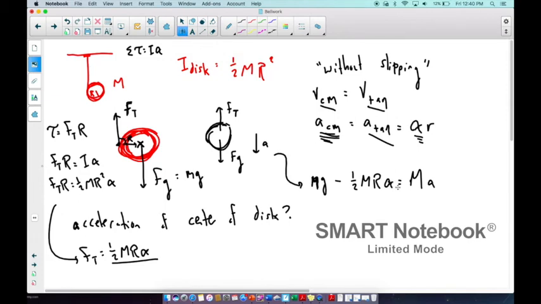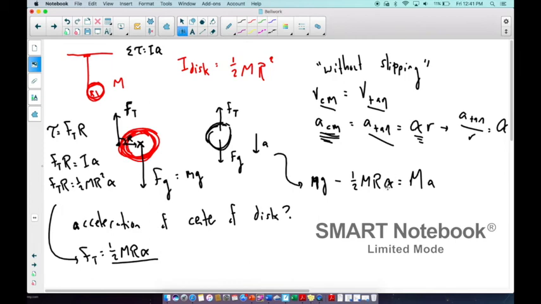And I can rearrange this to solve for acceleration. I know that alpha is tied to the acceleration of the center of mass, which, because it's not slipping, is tied to the acceleration of a point tangent. These are accelerating together. All right. So this becomes A tan over R equals alpha.